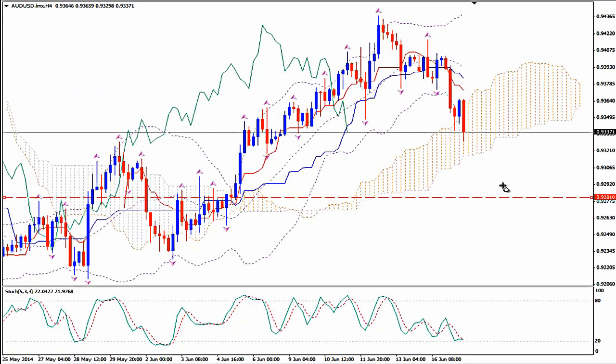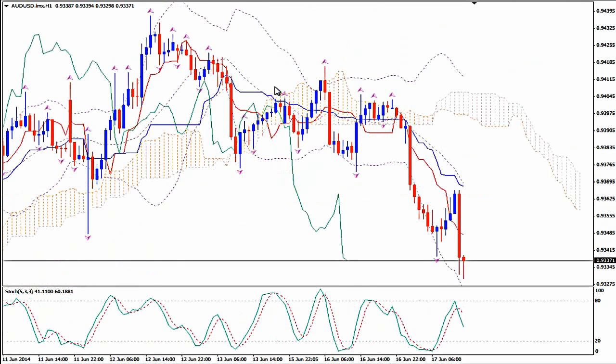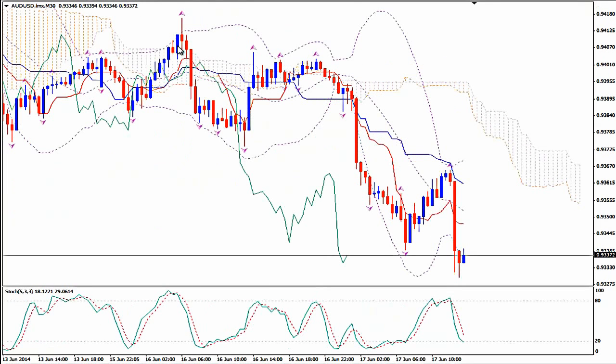But this is not enough. When this condition is met, you will go to H1 to make sure that everything is bearish, and then to M30 after the bearish Kumo breakout has happened, and you will look there for a bullish correction like the one we see here.